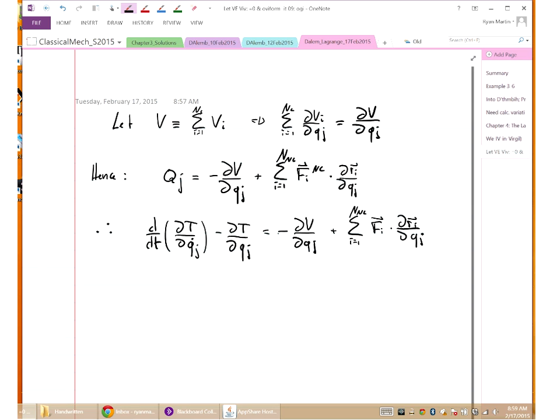Okay, so let me rearrange this a little bit. I'm going to bring the ∂V/∂q_j to the other side. So that's d/dt of ∂T/∂q_j dot minus ∂/∂q_j, and I'm going to write this as T minus V. And that's got to equal the sum over the non-conservative parts.